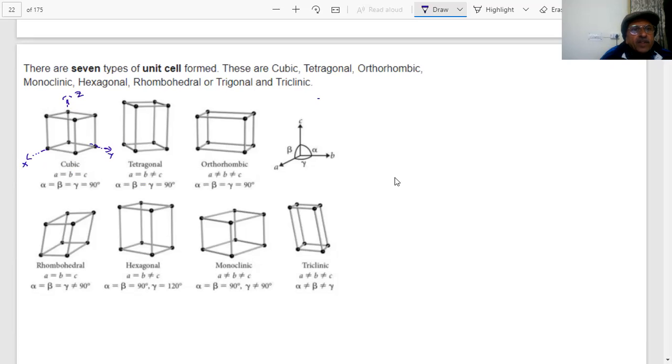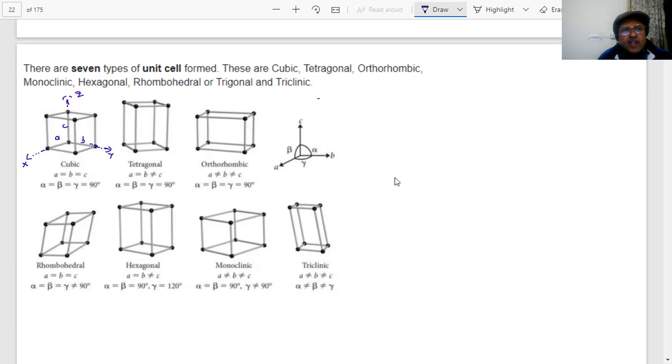This is a and this side is b, and they are equal. The 3 sides are equal, and alpha is equal to beta is equal to gamma. So it's a perfect cube.